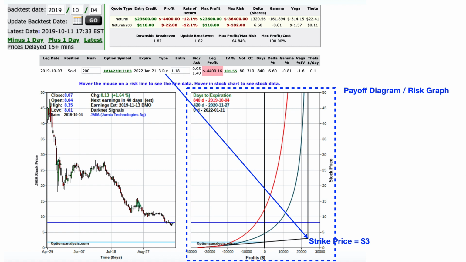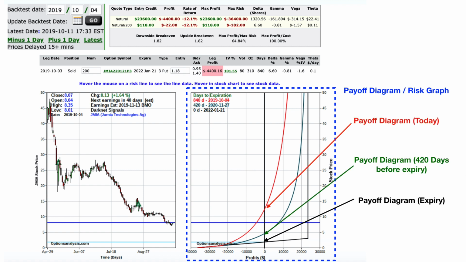On the vertical axis, we have the stock price, and on the horizontal axis, we have the profits. So you will see three lines in the payoff diagram. The black line is the payoff diagram at expiry.